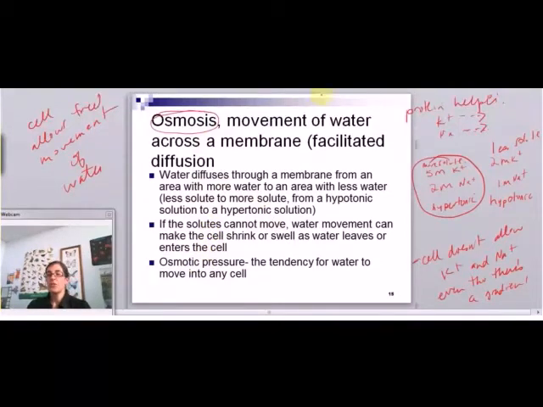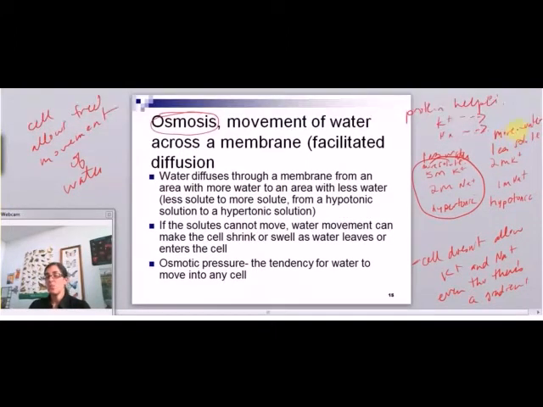So we need to now relate solute concentration to water concentration to know the consequences of this. More solute means that there's actually less water, right? More solute takes up space, so there's slightly less water. If there's less solute, there is more water, right?